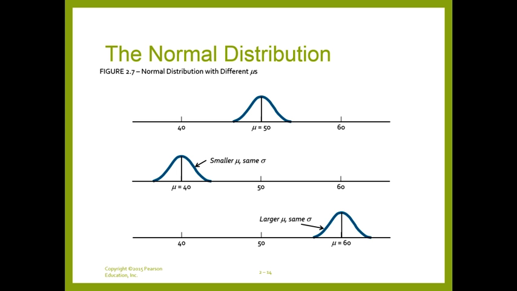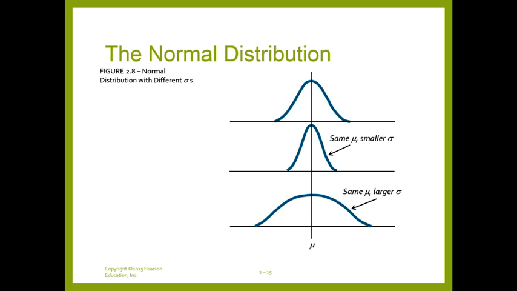Note that while the distribution is the same with the observations, in the top bar you have a mean of 50, in the middle bar a mean of 40, and in the bottom bar a mean of 60. And so you would take a look at standard deviations that approach similarity there, whereas the actual numbers that are being observed are very different.